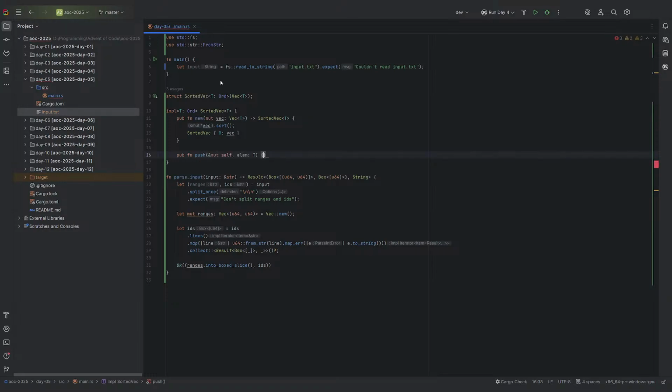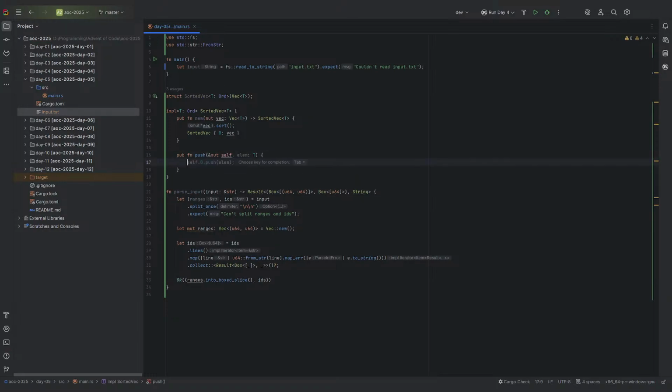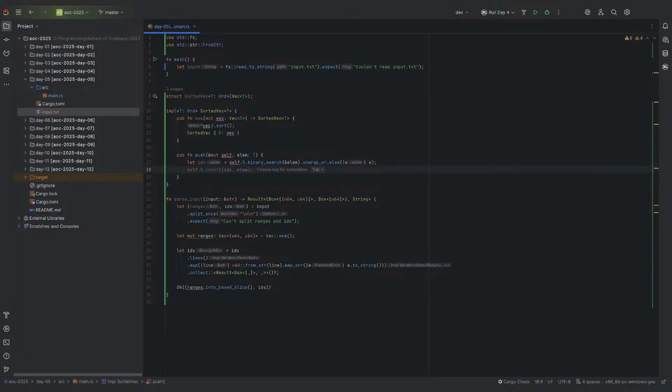At least implement a quick push function though. Yes, I can binary search, because that will either give me the index. Yes, there we go. Because now it'll always insert at the correct index and it'll always remain sorted.